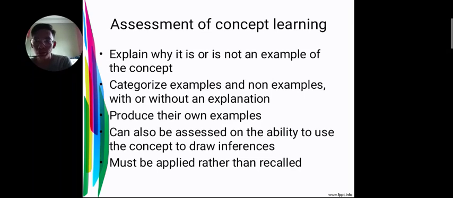They can also be assessed on the ability to use the concept to draw inferences, and the last is that it must be applied rather than recalled.